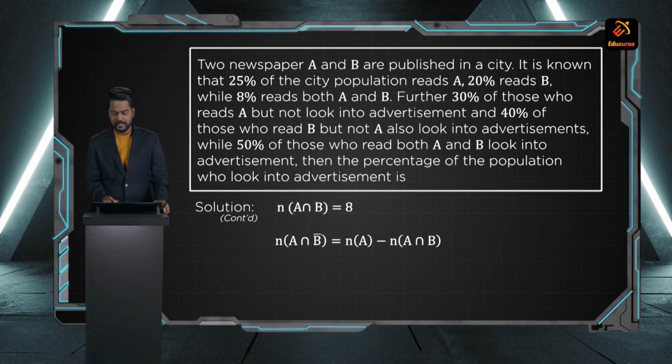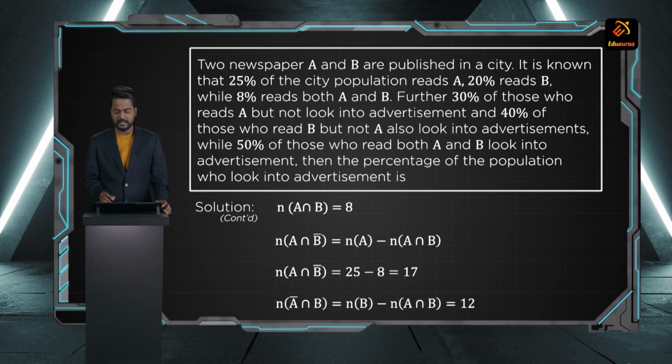So n of A intersection B dash will be equal to n of A minus n of A intersection B. So what is n of A? It is 25 minus 8 will be equal to what? 17. So n of A intersection B dash is equal to 17. In similar way, n of A dash intersection B will be equal to n of B minus n of A intersection B. It will be equal to 12.